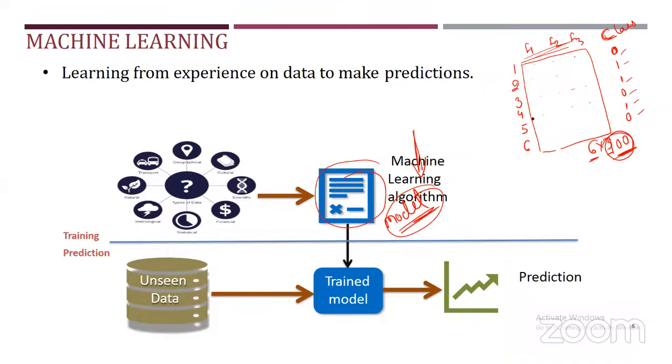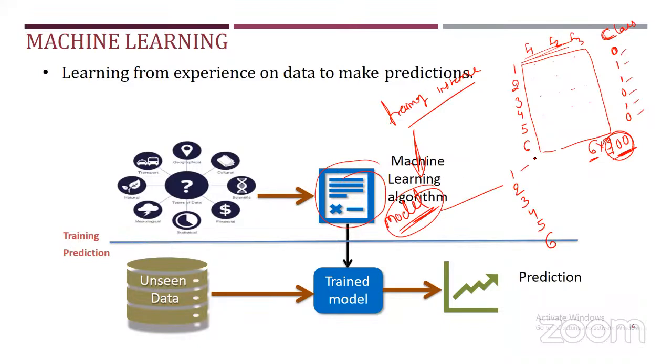Now, if you want to quantify how good it is with respect to your training, what you are going to do is supply your training instances to your prepared model. So I am going to supply my training instances as input to the model.